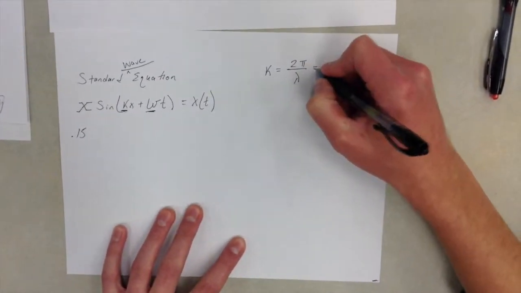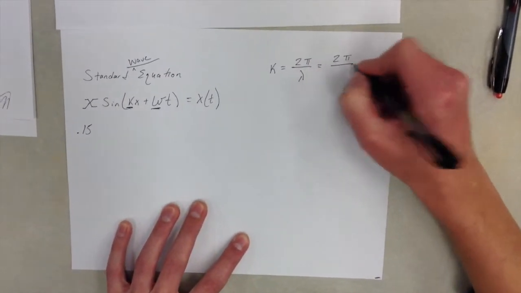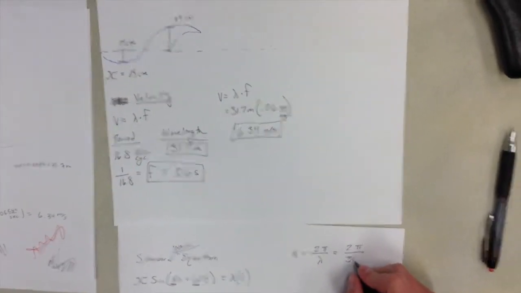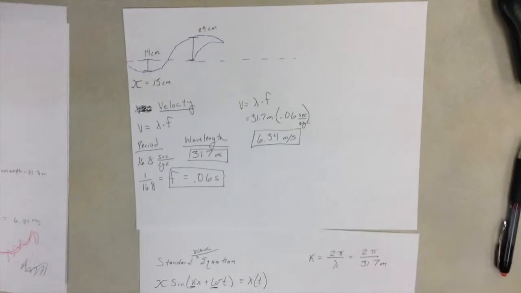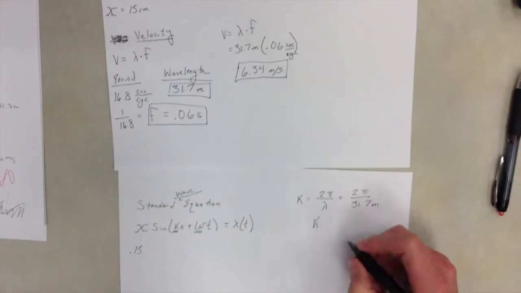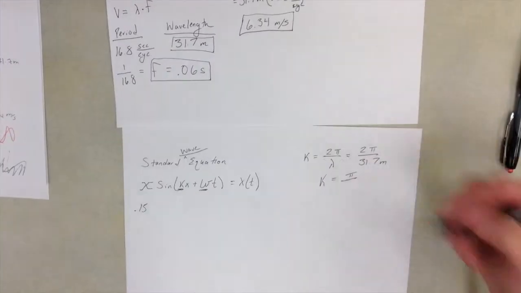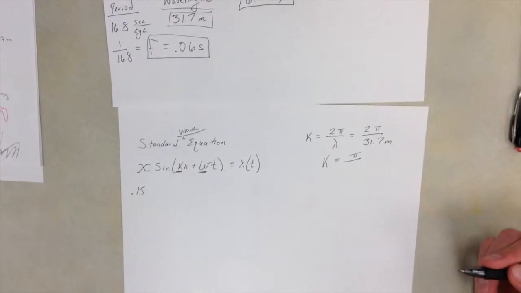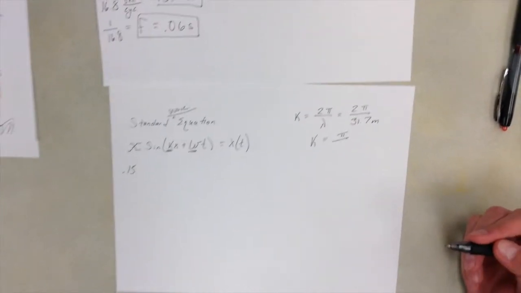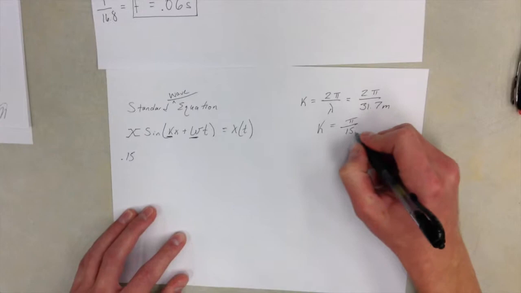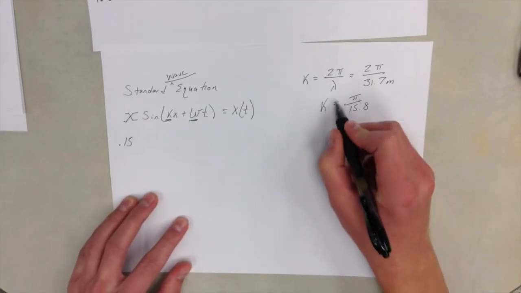So for that, we can just have 2 pi, and then we can plug in our wavelength. And our wavelength was 31.7 meters. So we get k to be about pi over 31.7 divided by 2. And that gives us about 15.8. So that would be our k.